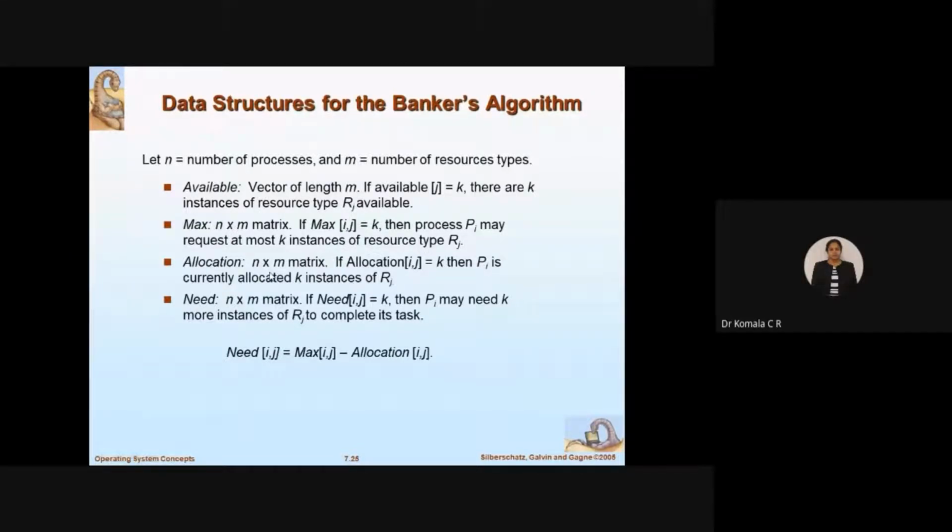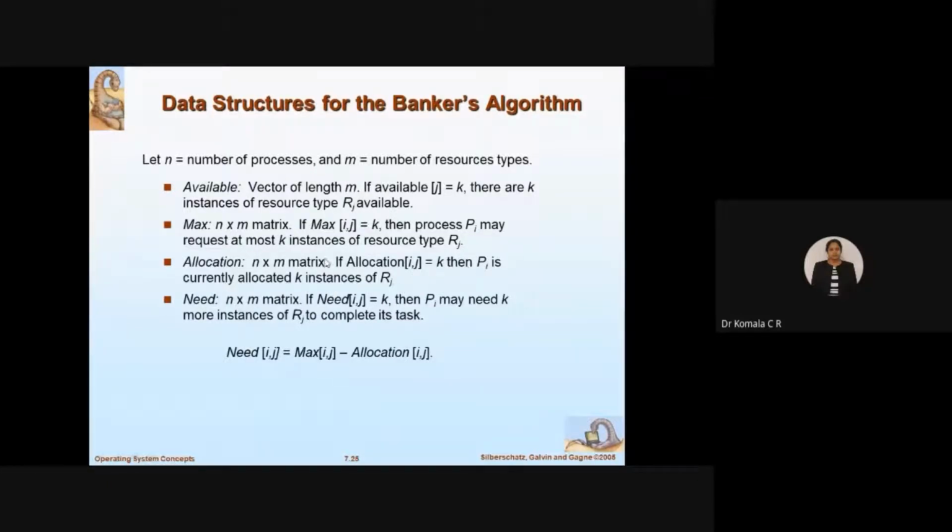Next we have allocation. So again allocation is an n cross m matrix. That means for processes P1 so on to Pn, and for resources R1, R2, R3, so on to Rm. So if allocation of i, j is k, then Pi is currently allocated k instances of Rj. Same thing, Pi where i can be 1, 2, 3, so on n, and Rj where j is 1, 2, 3, so on m.